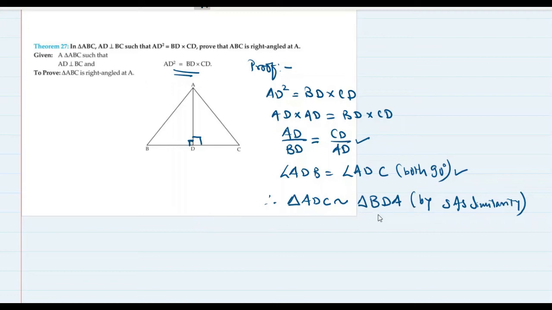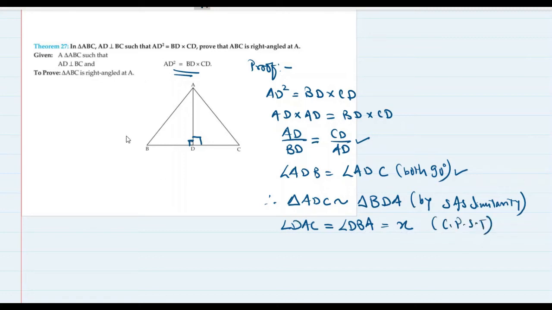According to the similarity and the correspondence which we have figured out, we can say that angle DAC is equal to angle DBA. I'm just matching the correspondence. So angle DAC is equal to angle DBA is equal to X.